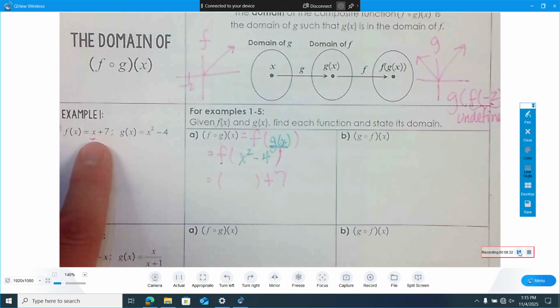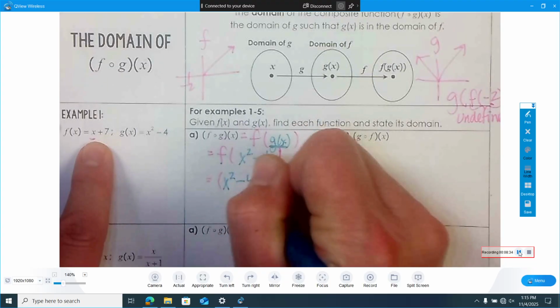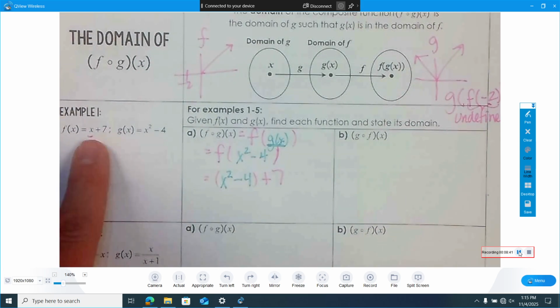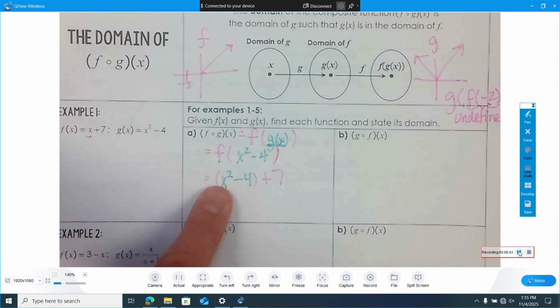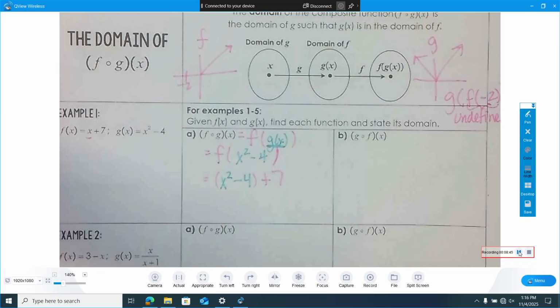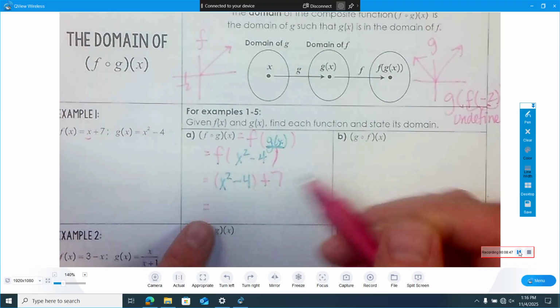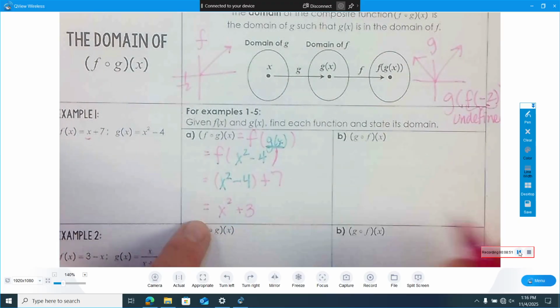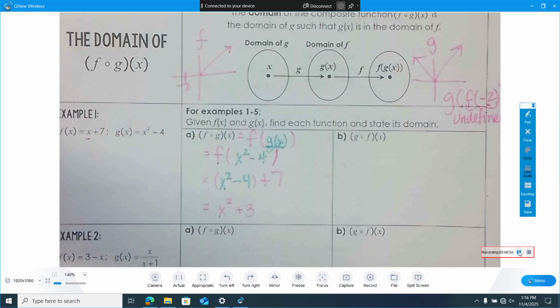And so instead of x, we are using x squared minus 4. It's saying instead of the x, you need to use x squared minus 4. Are my parentheses doing anything here? No, not really. So it's really just x squared, a negative 4 and a positive 7 makes a positive 3. So that is f of g of x. It's x squared plus 3. Nope, you're done. That's the answer. Yep, that's the answer. Let's look at the other one here.